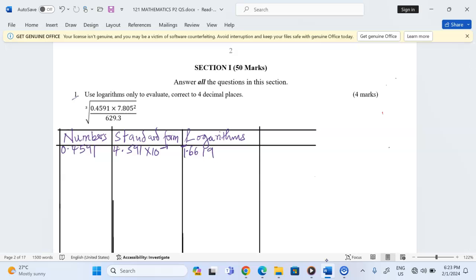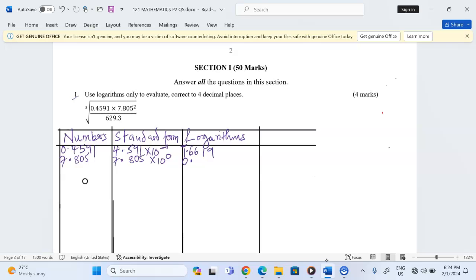The next number is 7.805, which in standard form remains the way it is, times 10 power 0. The log will begin with 0 point.